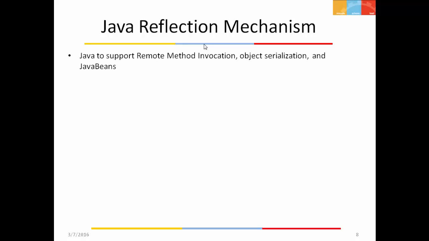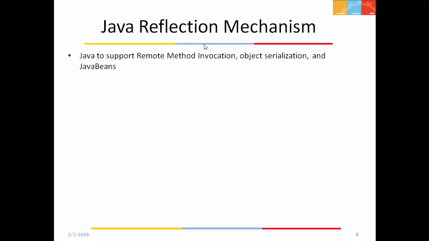This reflection is not only used in RMI, but also in Java Beans. And if you remember, after RMI, the Enterprise Edition, J2EE, Java Enterprise Edition or Java based middleware, came into the picture, where the server part was implemented as Enterprise Java Beans.